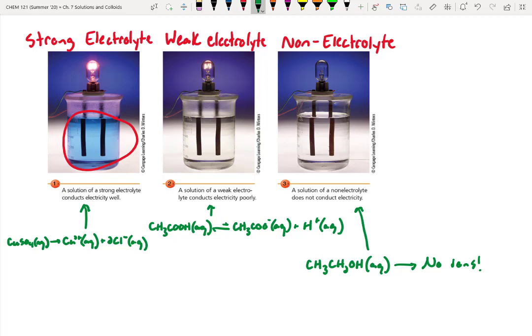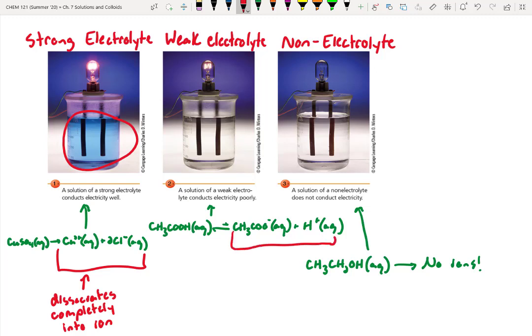So the key difference between all of these is that this dissociates completely into ions. So you put it in, all of it breaks apart, and you've got hydrated ions floating around.